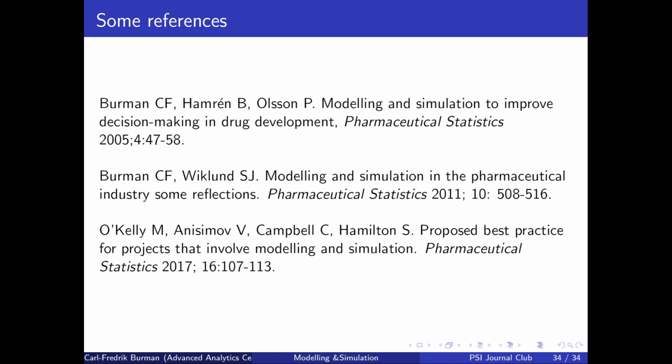And I recall many years ago, I was sitting at a meeting with a number of rather high-level managers, coming from statistics and pharmacometrics, and perhaps some other areas, and they were talking on this high level on modeling and simulation for, I don't know, 2 hours or something. I was sitting there listening and feeling that they are talking about different things. They don't really understand what the other people mean when they are saying modeling.